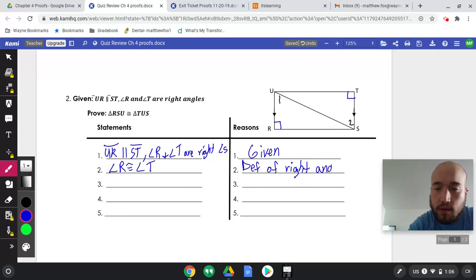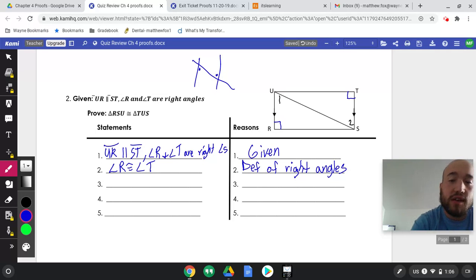Okay, so now, if you look, there's a couple options for what you do next. The next two steps could go in either order, but hopefully you know, as UR is parallel to ST, these are parallel. If we have parallel lines cut by a transversal, angle 1 you'll see here, angle 2 is right here.